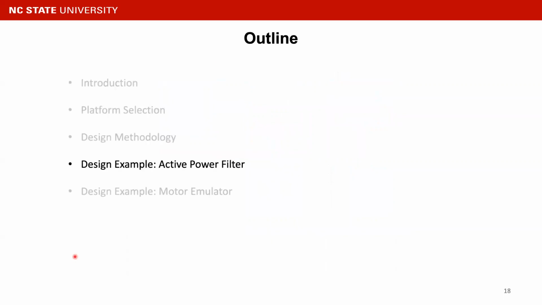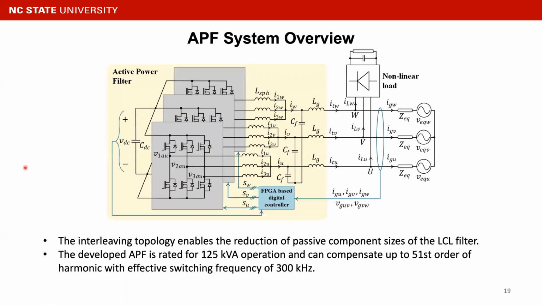Now let's look at one of our design examples. This one is for an active power filter. So here's an APF system overview. Basically, we have a nonlinear load here, and here's the grid, and we have a shunt-based active power filter, which can compensate for the nonlinear current required by our nonlinear load.